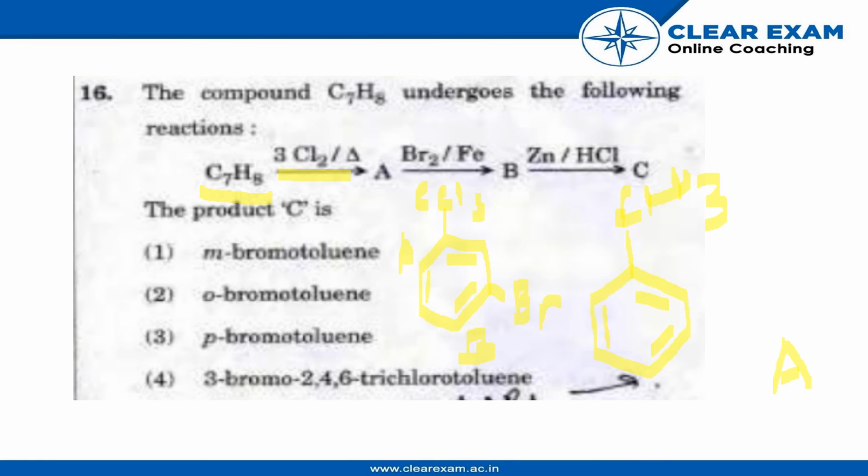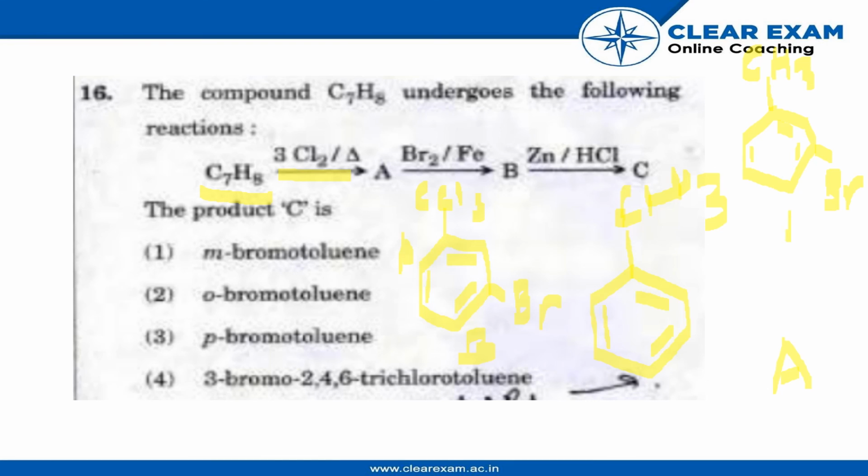So for C, when it reacts with Zn and HCl, it forms the product I am going to draw. The Br will remain as it is, the double bonds will be like this only, and instead of CCl3 it becomes CH3.